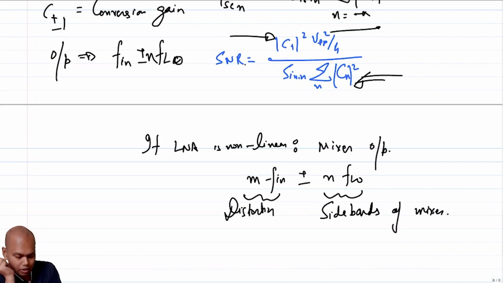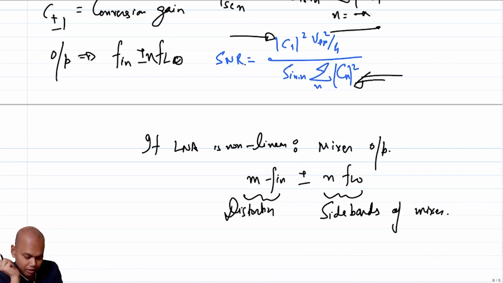So you have to tell the simulator which N you are interested in observing. Most simulators have an option to specify the N. If you are interested in finding out the conversion gain, you tell the simulator N is equal to 1 or minus 1.